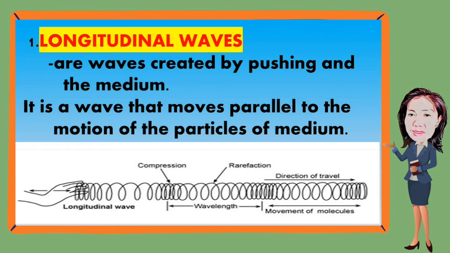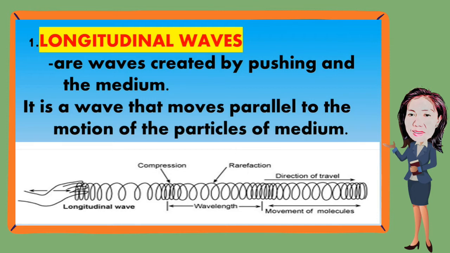So, okay, parang ganito siya. Gamitin natin for example ang slinky para makita natin ano ba ang kaibahan ng longitudinal and transverse wave. So actually ganito mag-act ang wave kasi hindi natin makikita ang sound wave. So gawin na lang natin is mag-model tayo.